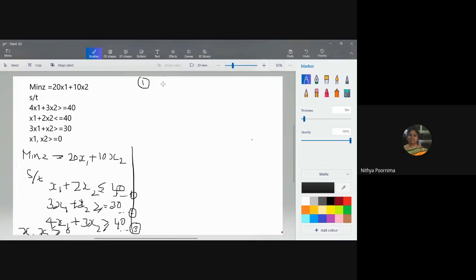If x1 is 0, x2 will be 20, 40 comma 20 here. Is it 40 comma 20?